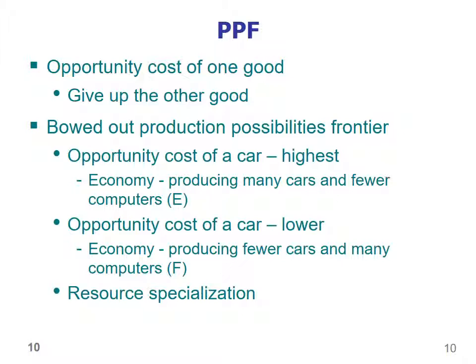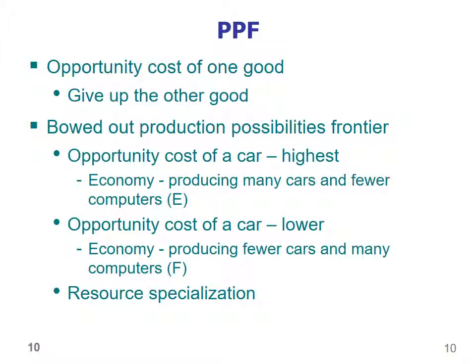Now, when you want to produce even more cars at point E, you have to then ask these best engineers to move from computers to cars. When they do that, the output of computers will fall by a large amount, because these were your best engineers. However, when they make cars, they won't contribute as much because they are probably terrible at making cars.